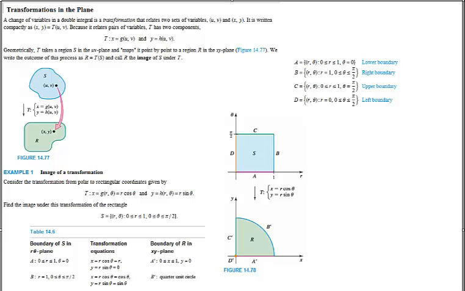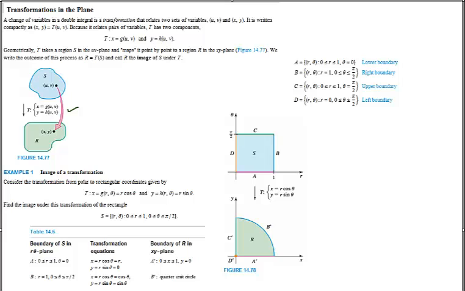We will say that R is going to be the image of S under this particular set of equations T. So if I'm looking at some sort of r and theta set of variables, and here are my boundaries, those boundaries in the xy plane would be the fact that r is a radius, so I have this radius of 1, and then it being in the first quadrant, so that's why it's going from 0 to pi over 2.